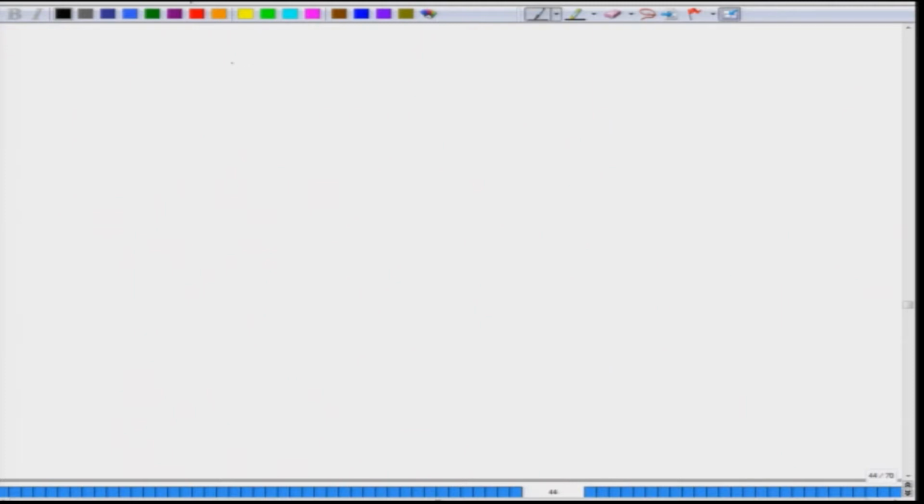Suppose we had been given certain a n's which are, let us say, a decreasing sequence, and a n's are greater than or equal to 0. Now, let us try to look at it.